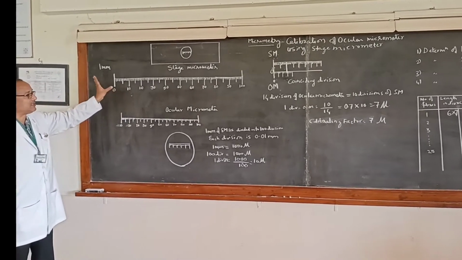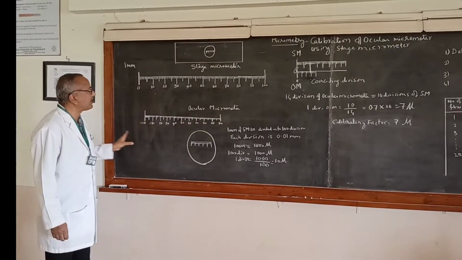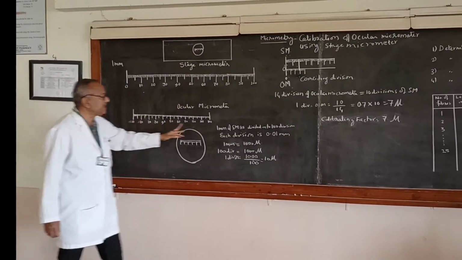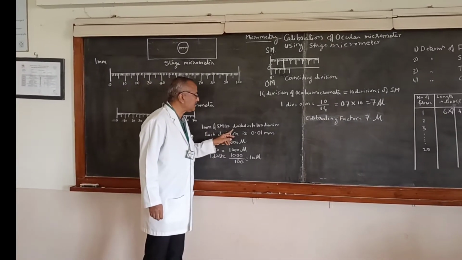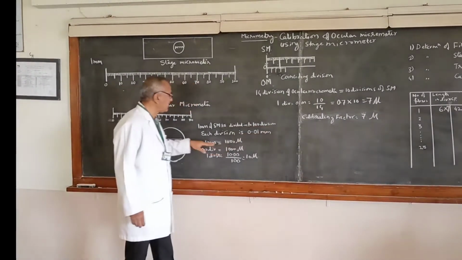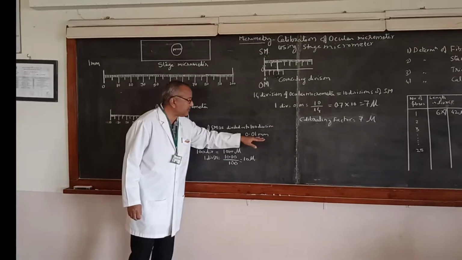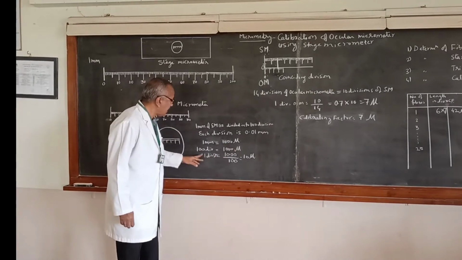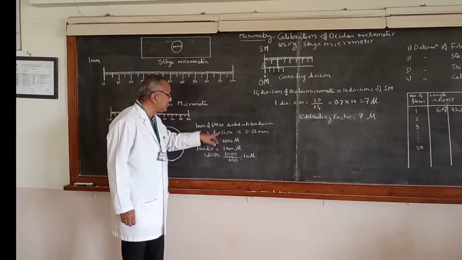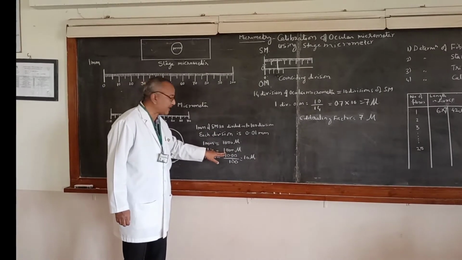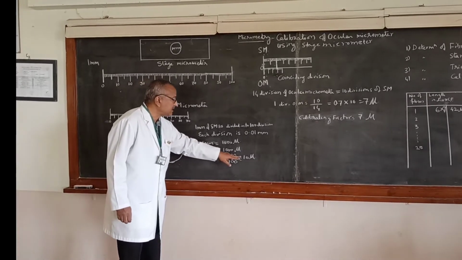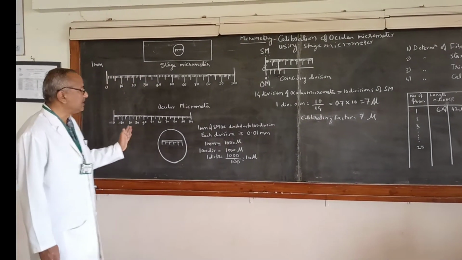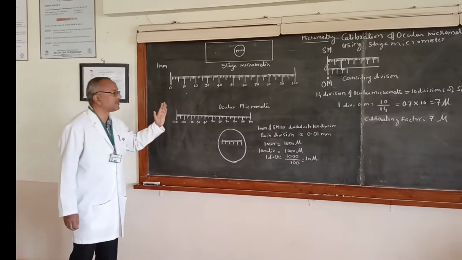The stage micrometer is divided into 100 divisions, and here 1 millimeter of the stage micrometer is divided into 100 divisions, and each division is 0.01 millimeters. 1 millimeter equals 1000 microns, so 100 divisions of the stage micrometer is equal to 1000 microns. So 1 division is 10 microns.